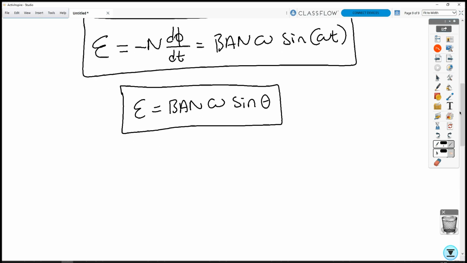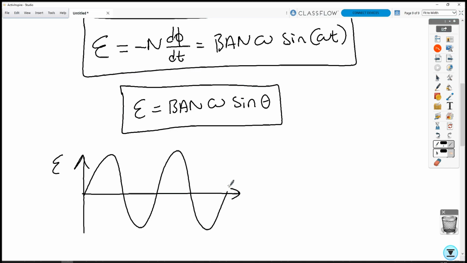So if we were to sketch this on a graph, EMF, we get a sine graph. So the induced EMF is sinusoidal, which means it's an alternating current.